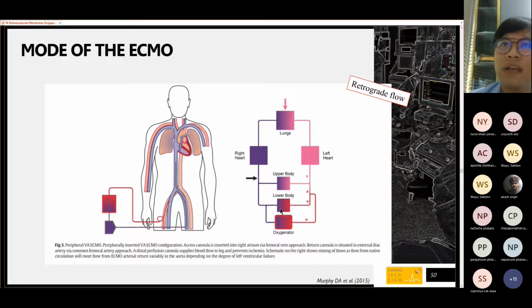So here now we have a native body, like here. So the lower body, let's say this one would be a femoral vein, right? So from the ECMO, it's going to support, but it's against the heart pump direction.